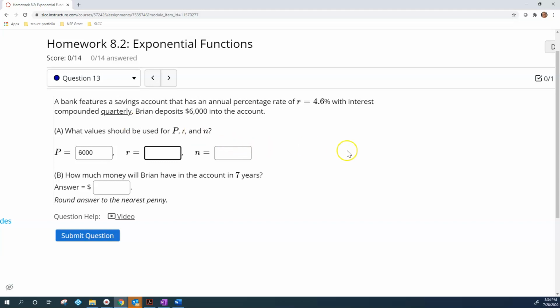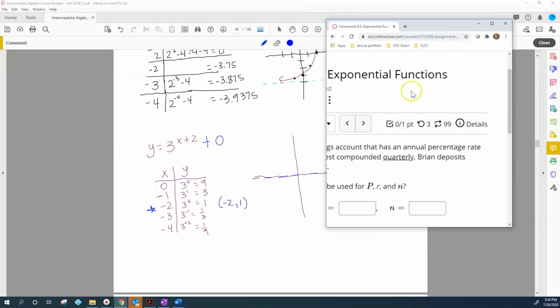So we're going to change that 4.6% to a decimal. Let me write on here. We're going to move that decimal point 2 places to the left, so that's going to be 0.046, and then we need to divide that by 4 since it's quarterly.